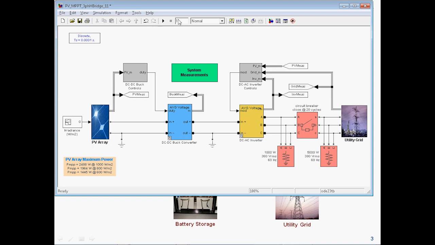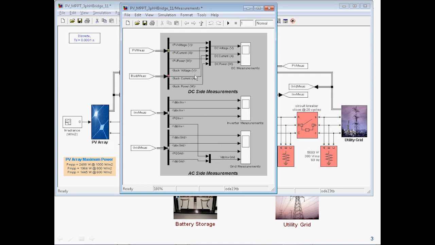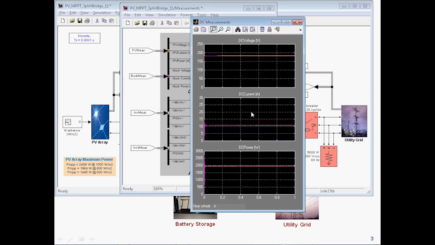But for now, I just wanted to make a quick run of the simulation. I am running just a 1-second simulation. And let me see if we can take a look at some of these things. So I am monitoring the behavior of the DC bus. I have two signals here. The yellow line corresponds to the photovoltaic array.